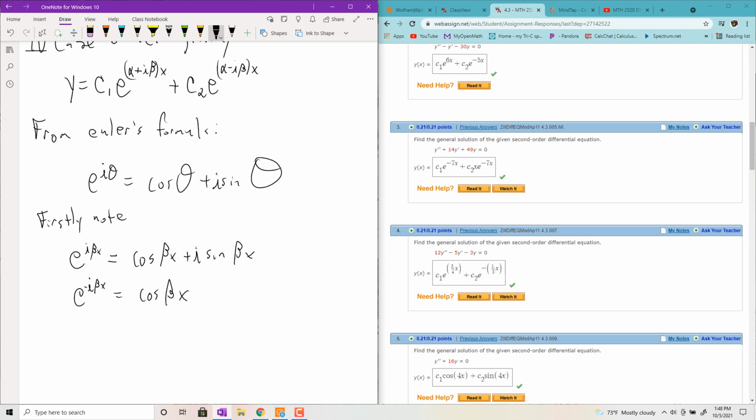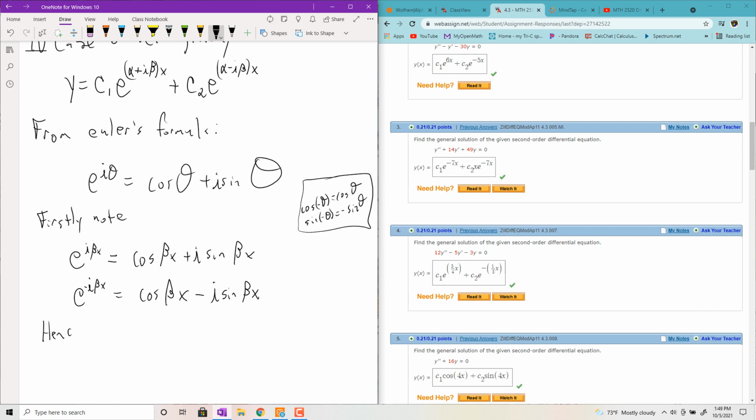Remember, if you plug a negative into cosine, because cosine's an even function, the negative just goes away. If you plug a negative into the sine function, because sine is odd, you can move it out. So remember these identities: cosine of negative theta is equal to cosine of theta, and sine of negative theta is equal to negative sine theta. It's just trig stuff. So there's that information.